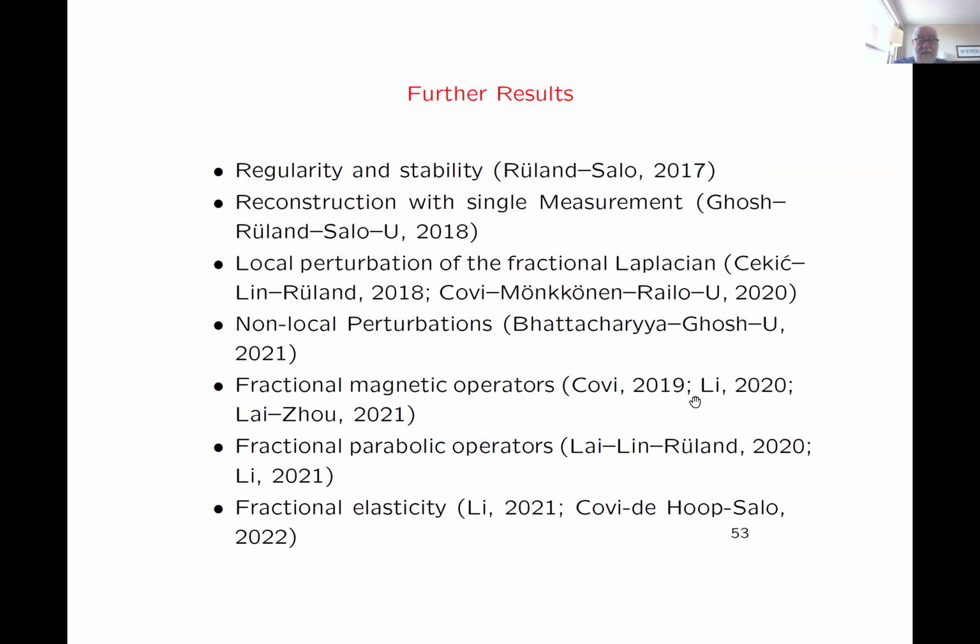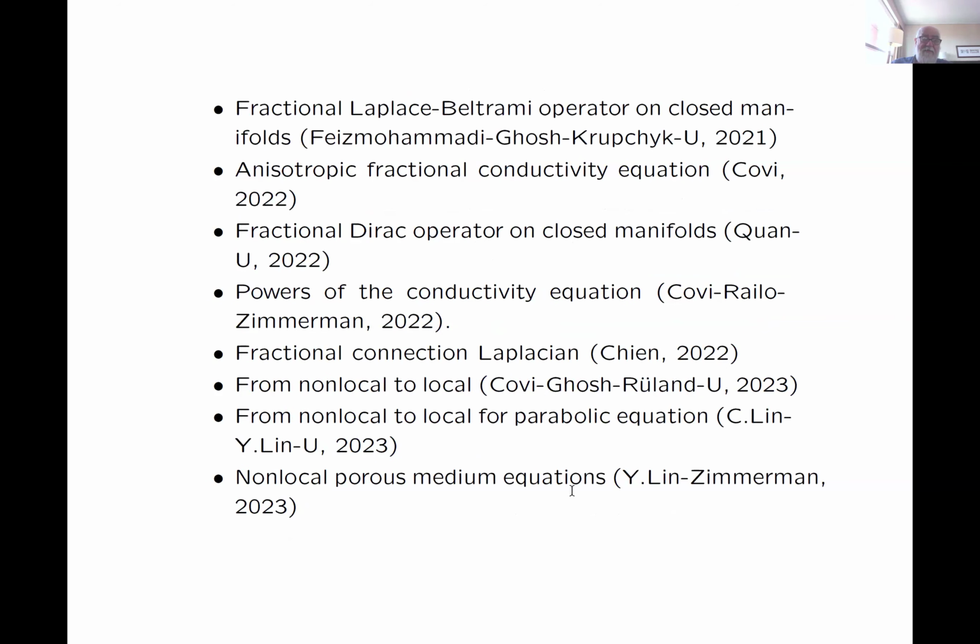This is Lee, Covey, and so on. Fractional parabolic, fractional elasticity. There are many. I'm probably missing some important references, but there has been a lot of activity in this direction. So let me finish with this.